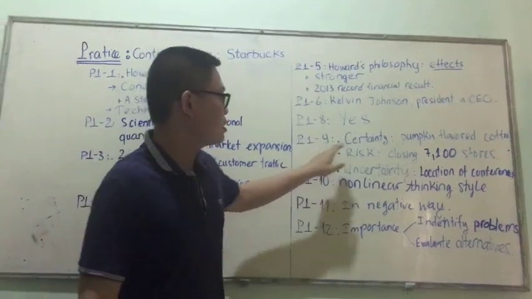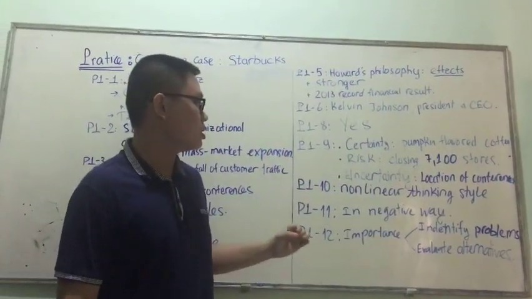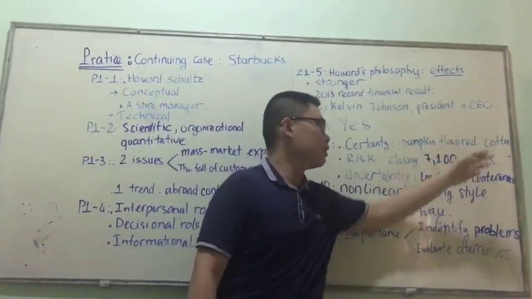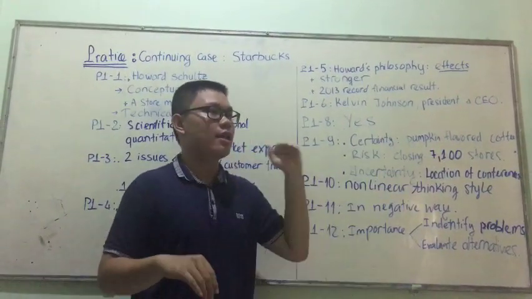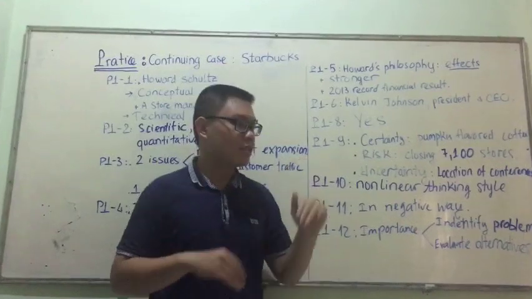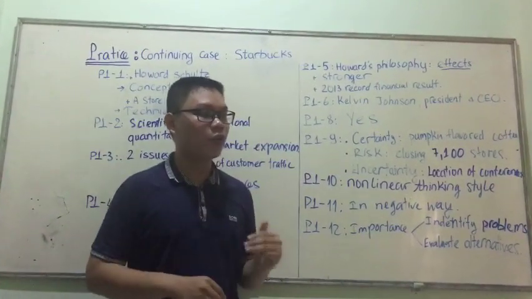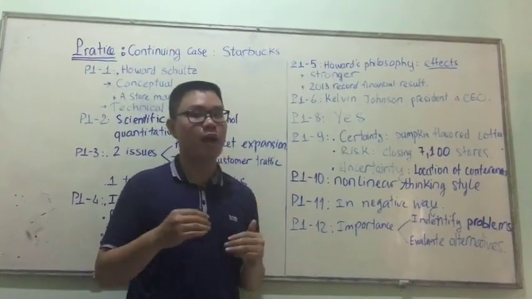In question 9, on certainty: the managers' pumpkin flavor coffee is running low, but it is popular this year, so they decided to order more of this product, with a known possible outcome.